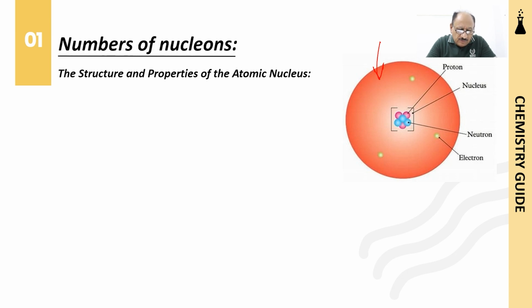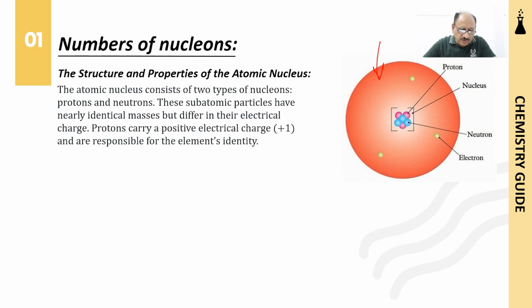So the structure and properties of the atomic nucleus, if we discuss first. The atomic nucleus consists of two types of nucleons. What are those two types? Protons and neutrons, and these are known as subatomic particles. These subatomic particles have nearly identical masses.